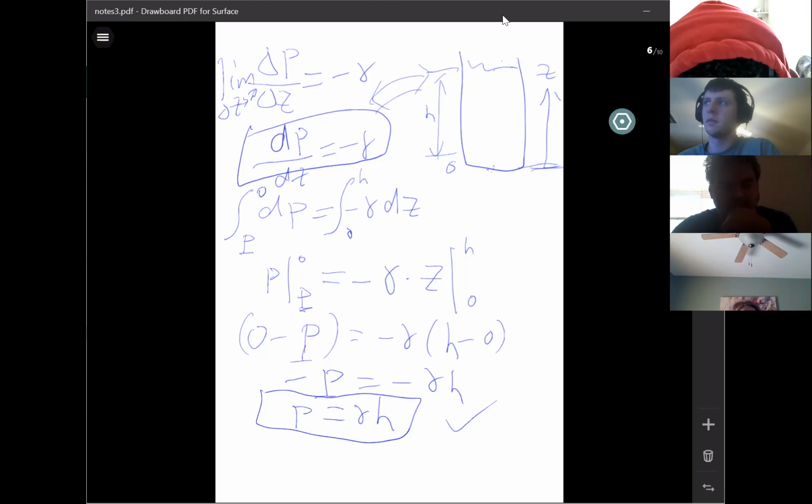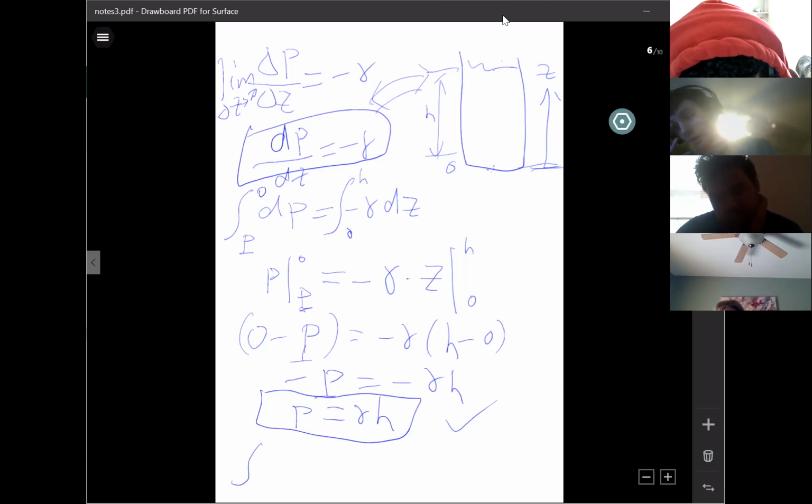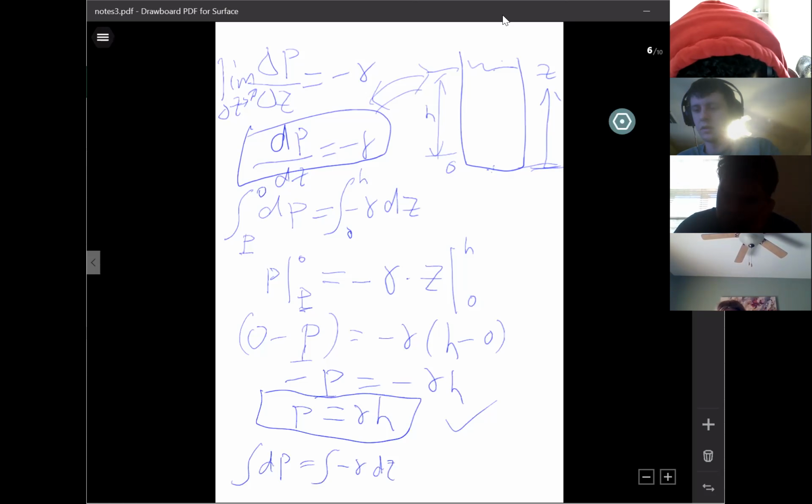I have 2 minutes here. If you don't do the definite integration, what about the indefinite integration? What do you get? Let me write down the solution. What do you get? You will have P equals negative gamma Z plus what?